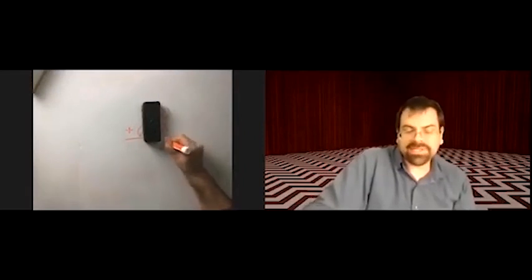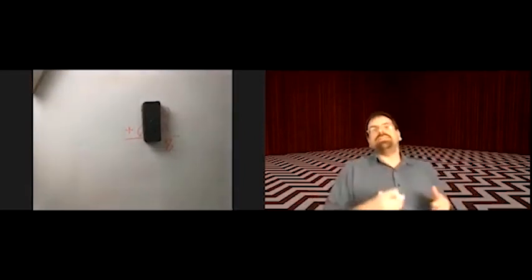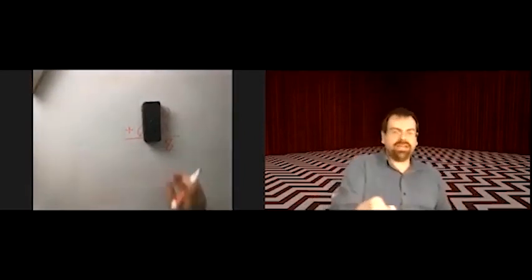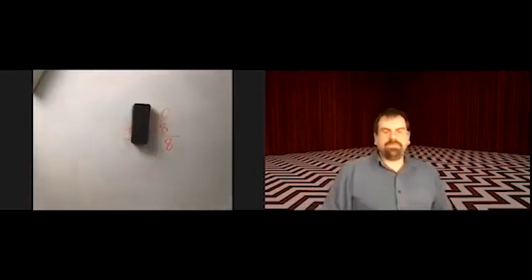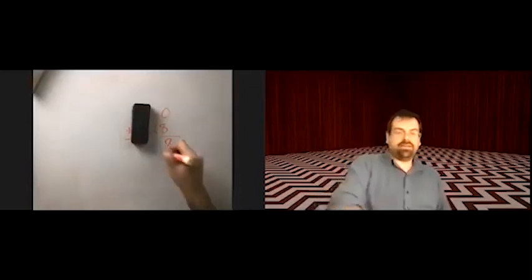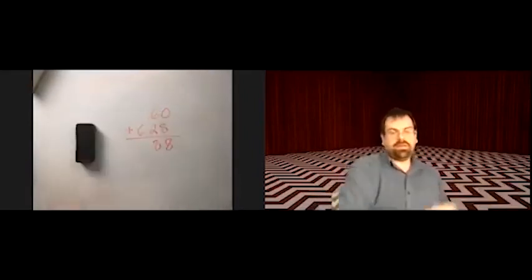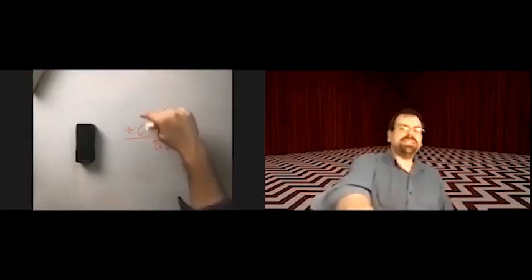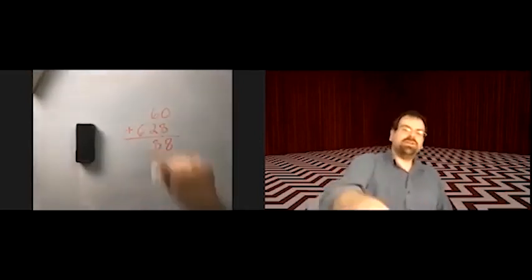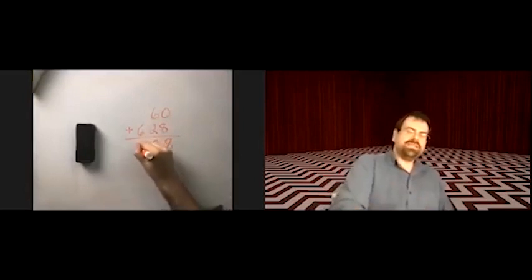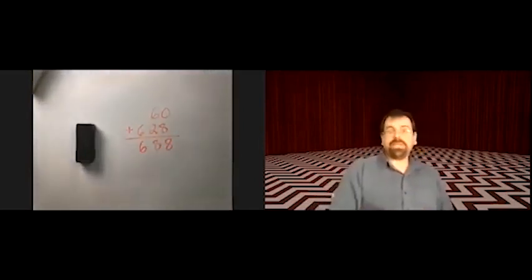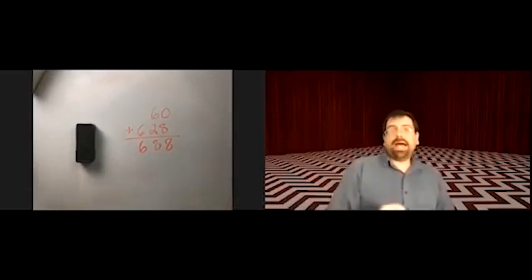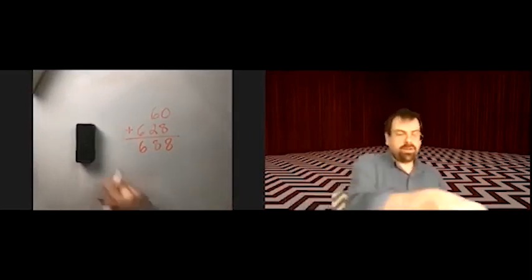Well, anything plus 0 is itself, because adding 0 does not change anything. 6 plus 2, 6, 7, 8. Empty spot plus 6. Well, when we see an empty spot, treat it like a 0. 0 plus 6 is itself 6. So 688. Not too bad there.